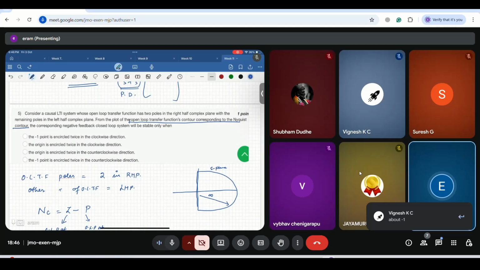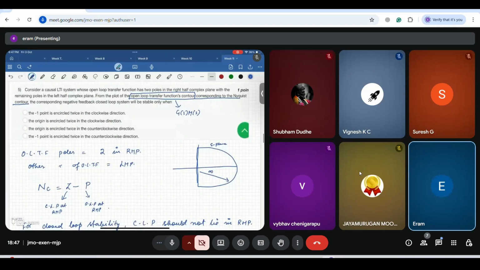So we are considering the open loop transfer function contour, not the closed loop transfer function contour. That means encirclement about -1. So this is your GSHS plane. So the answer should be -1 twice in the counterclockwise direction.